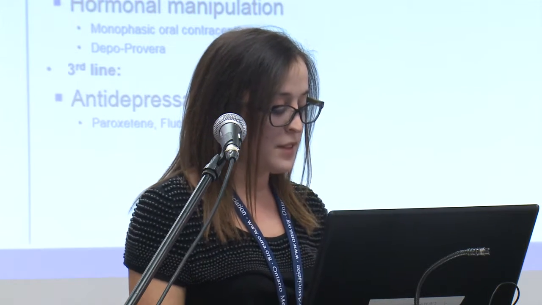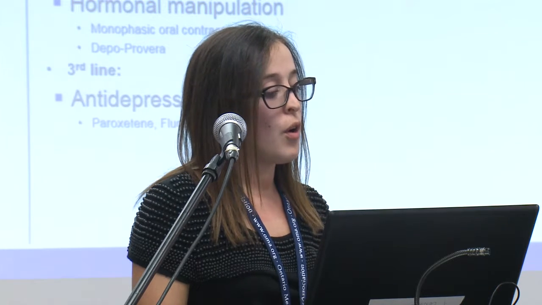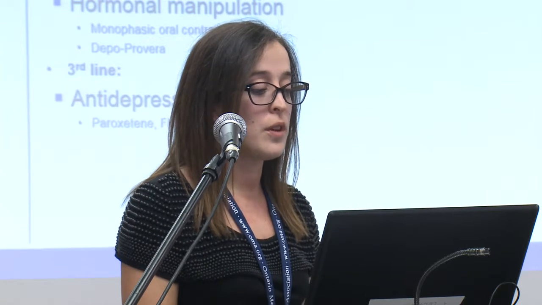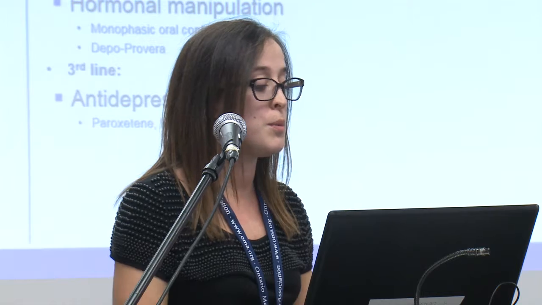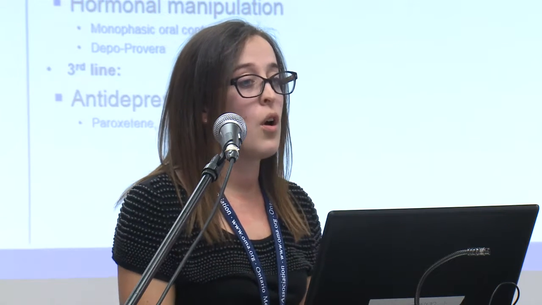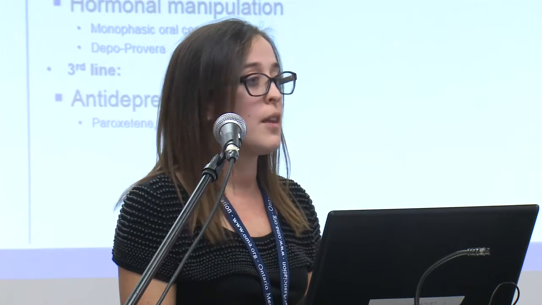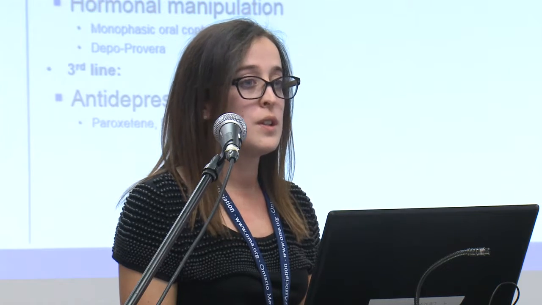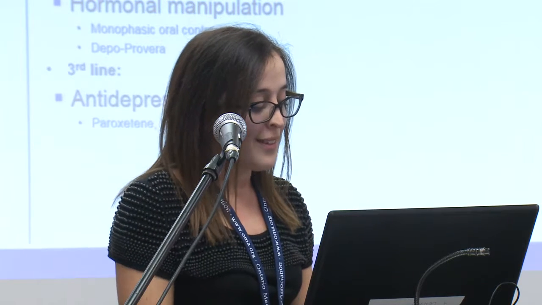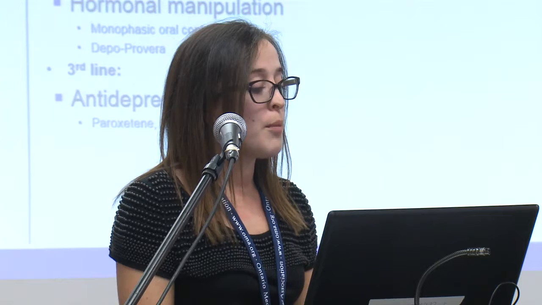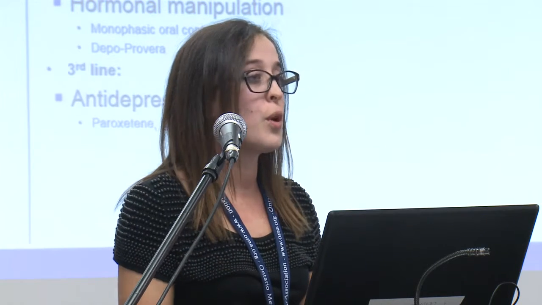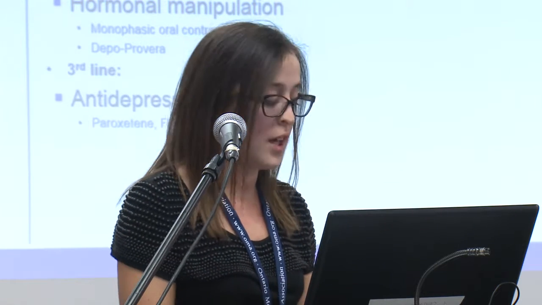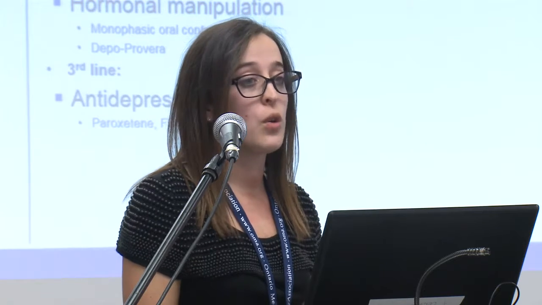In terms of second line, hormonal manipulation, whether it's monophasic oral contraception or Depo-Provera, again, it depends on any comorbidities and the patient population to really see what's the ideal form. In the general population, there have been studies that have looked at certain forms of progestin which help more with the mood changes that occur.